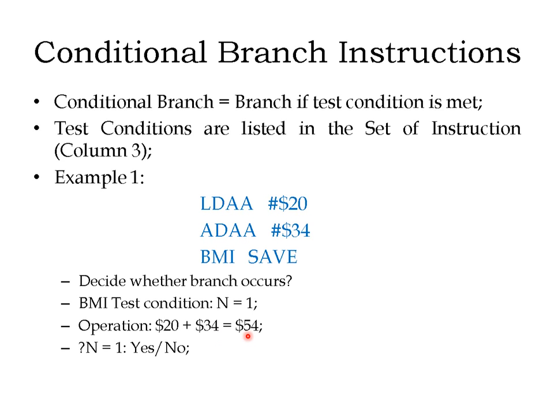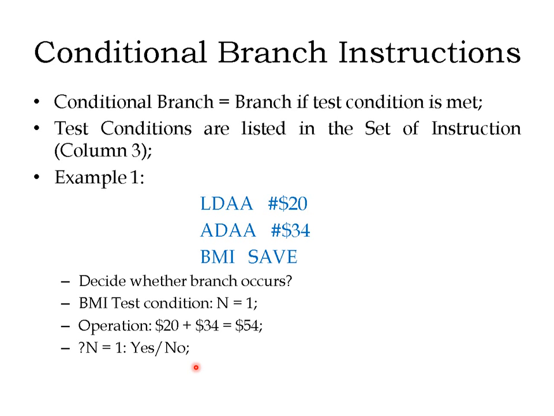Now tell me, after the addition is done in line 2, do you think the N flag will be set? What is the N flag? Negative flag, right? Will it set? No, because look at the summation.